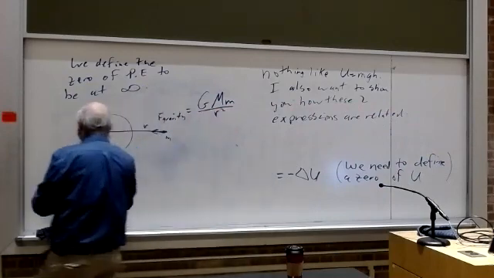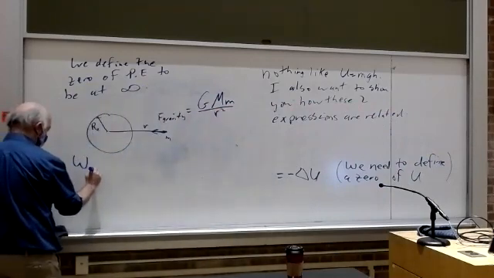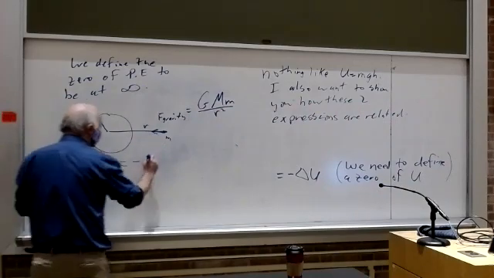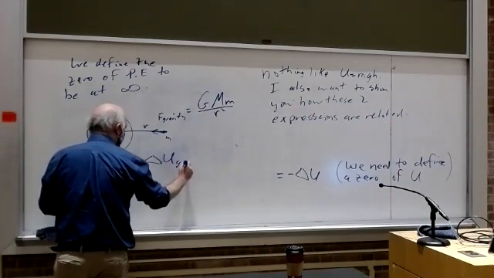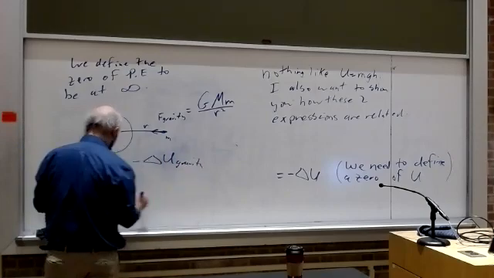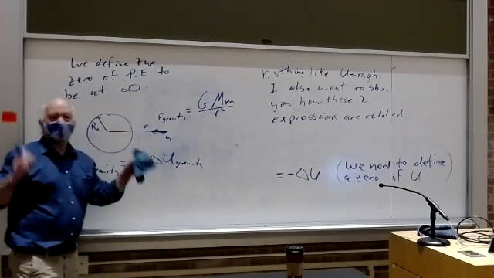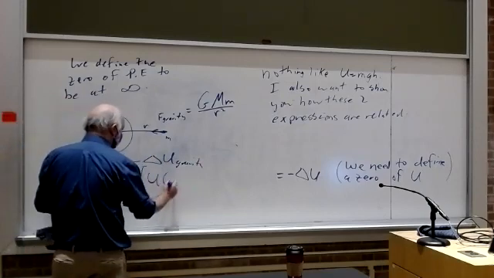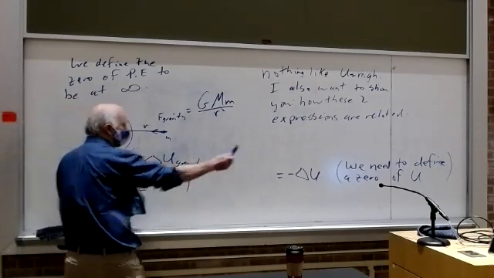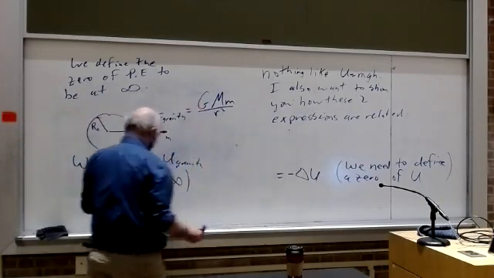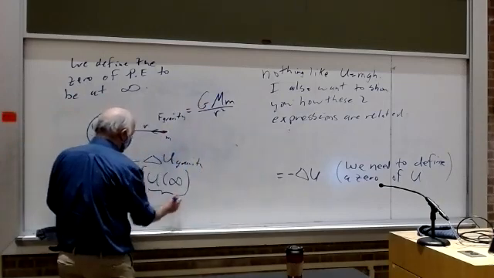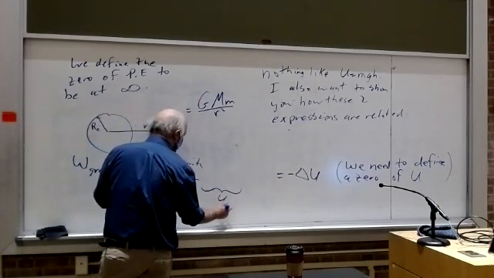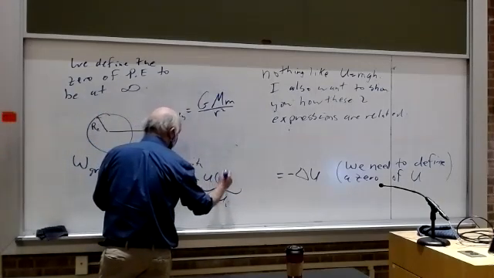So we're going to say the work done by gravity is going to be minus change in U of gravity. And this is always the final minus initial, so this is going to be minus U at infinity, because we're taking this object out to infinity. This is our U final, minus our U initial, and our U initial is U at R.